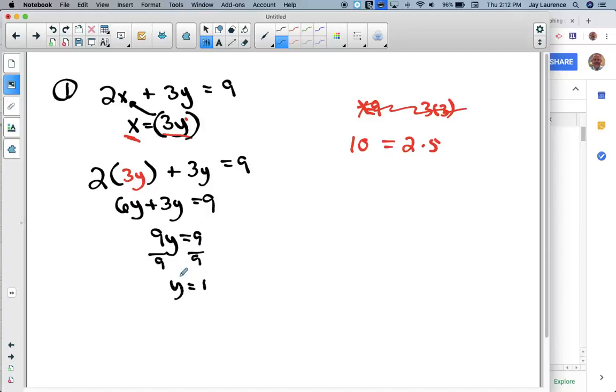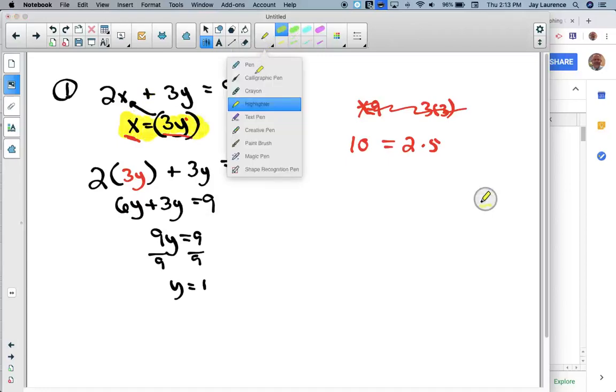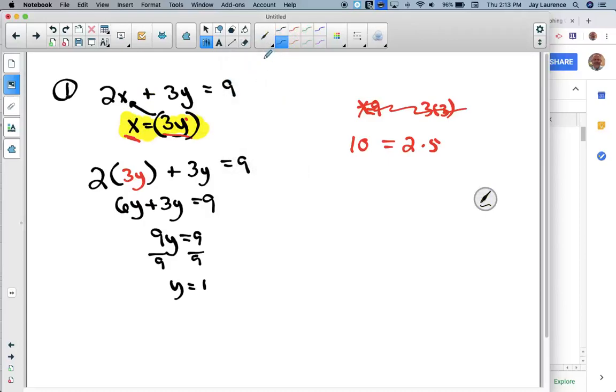All right, now notice I have an equation that says x equals. Remember, when I'm solving a system, I'm looking for the place the two lines intersect, the point. So I'm looking for an x-coordinate and a y-coordinate. Well, I just found a y-coordinate right there. y is going to equal 1.